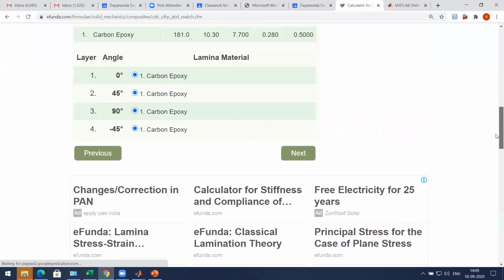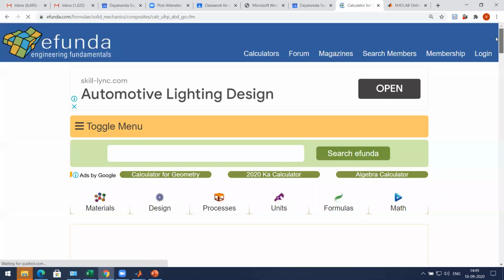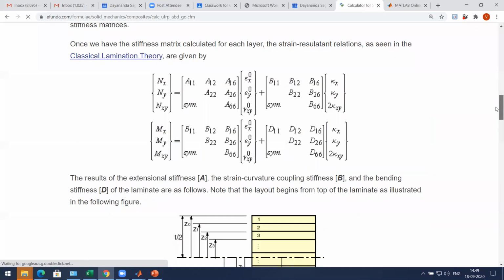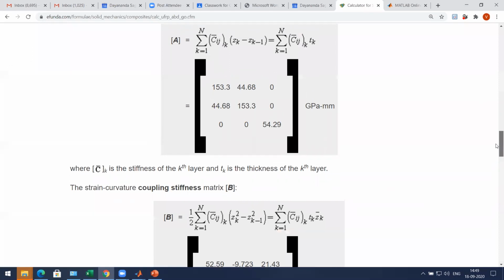And then calculating the ABD matrix. So A11 is equal to A22, and A16 and A26 are 0.